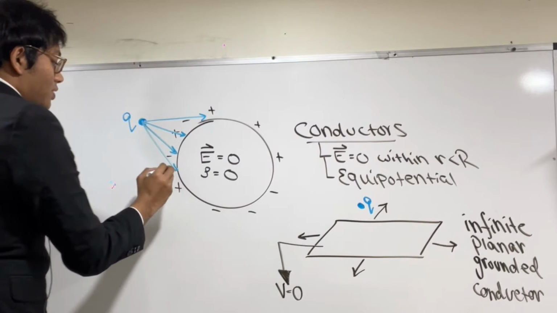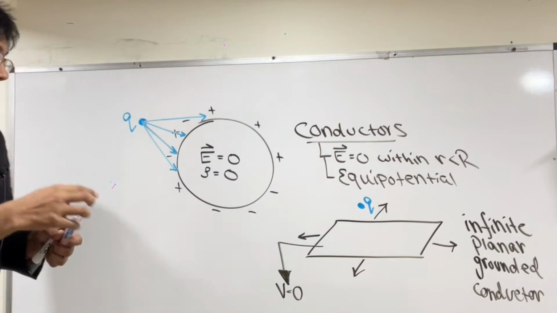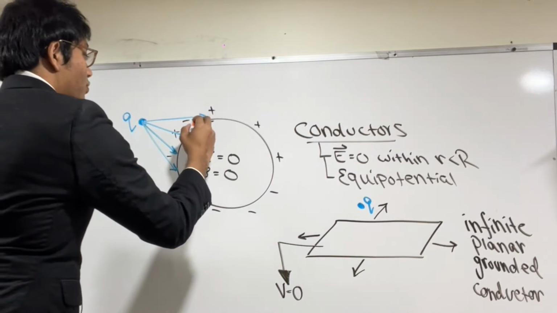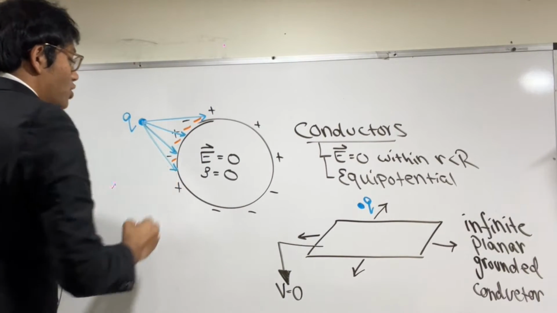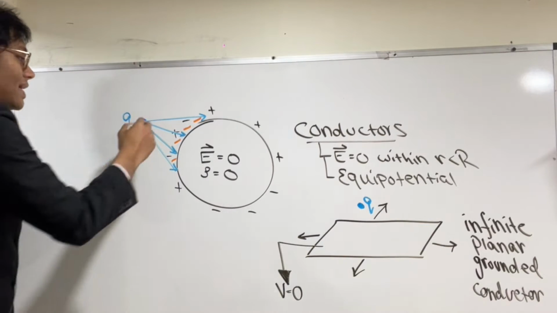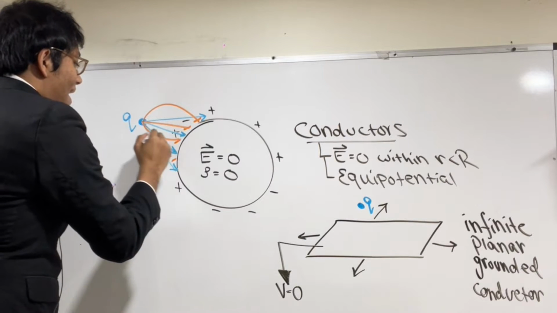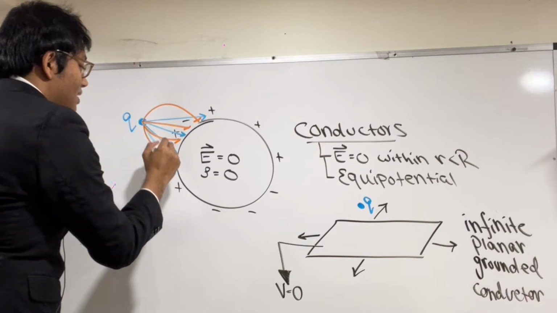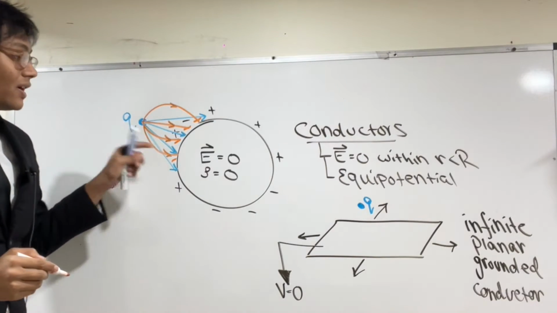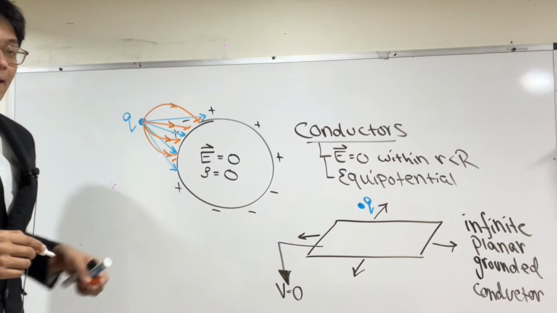But of course, those electric field lines will enter into the conductor unless the conductor reacts. And in fact, that's what it's going to do. The conductor will bring in some negative charges near the part of the surface where the positive charge is, so that the field lines for the positive charge end right at the surface of the conductor. So the conductor is preventing this positive charge from disturbing its 0 electric field inside.